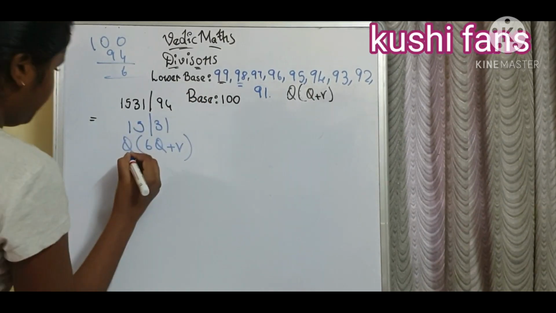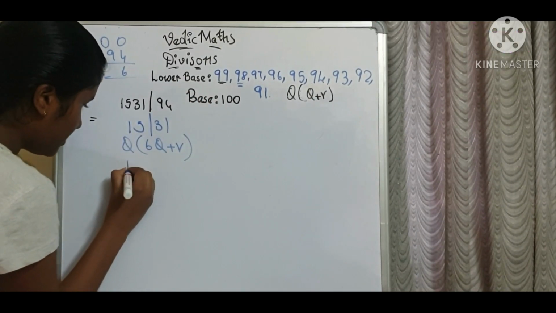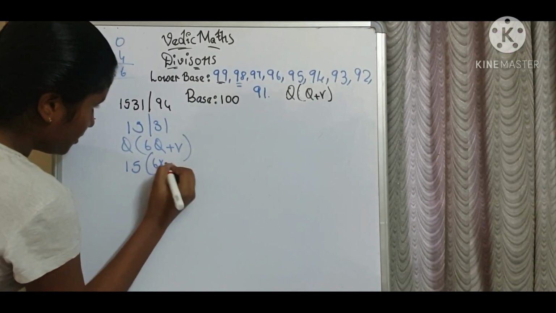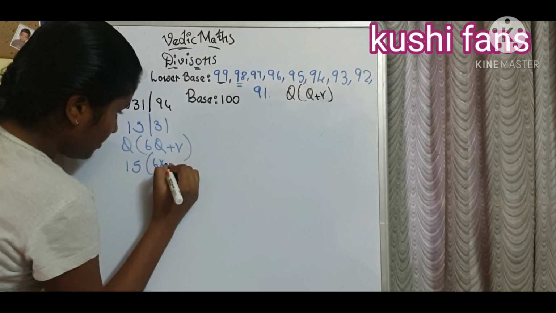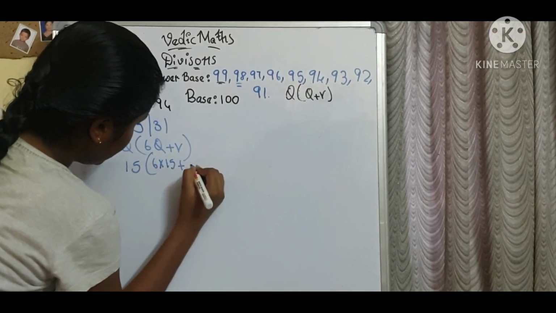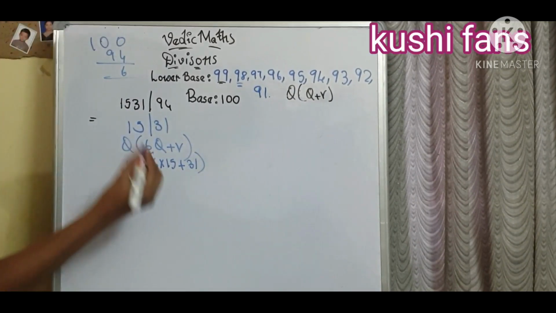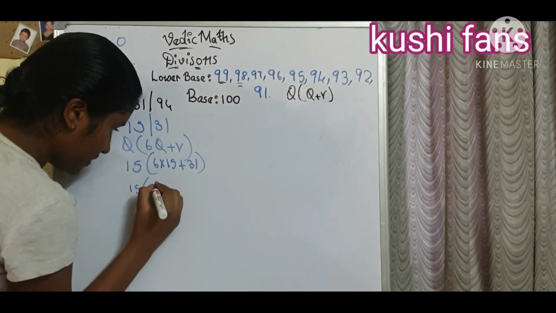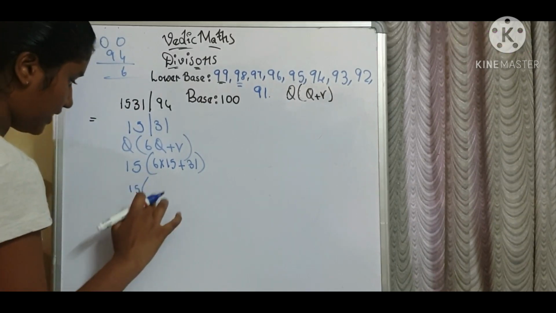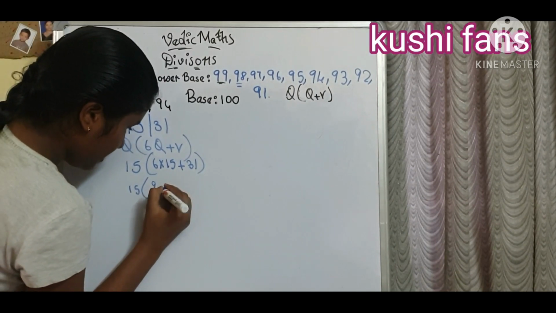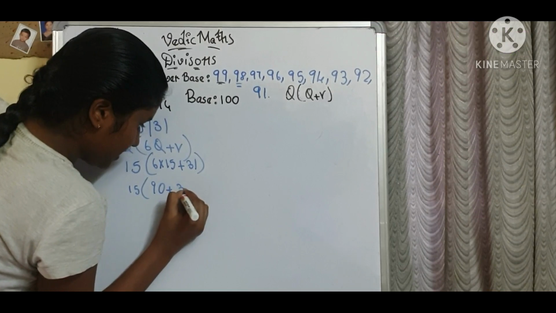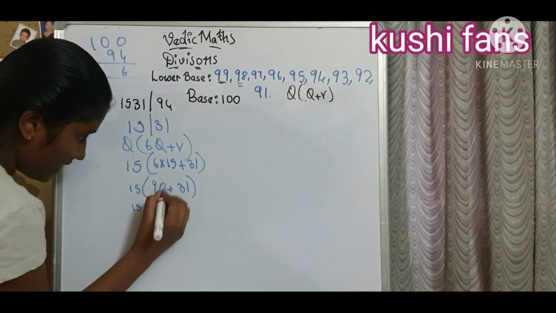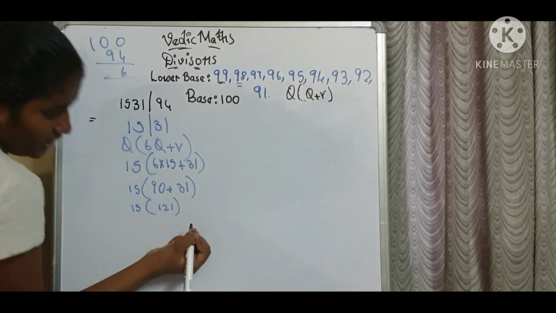Now my Q is 15 and 6 into 15 plus 31. Here I will get 15 into 6, which is 90, plus 31, so I will get 121.